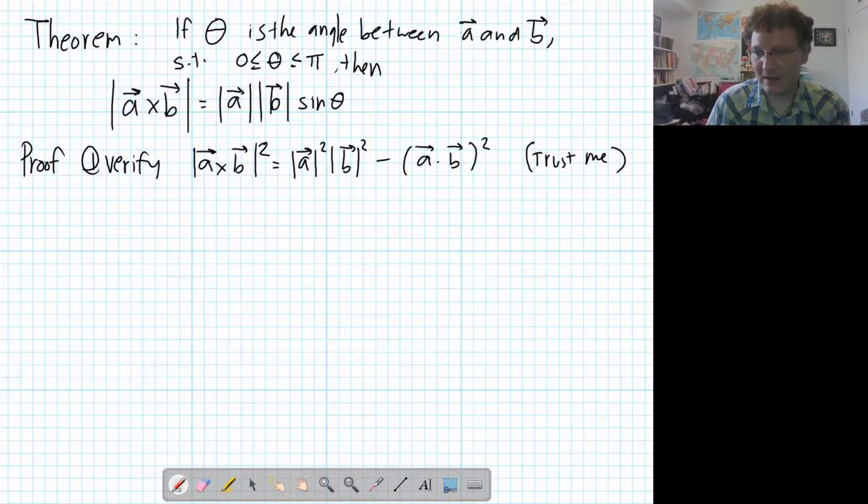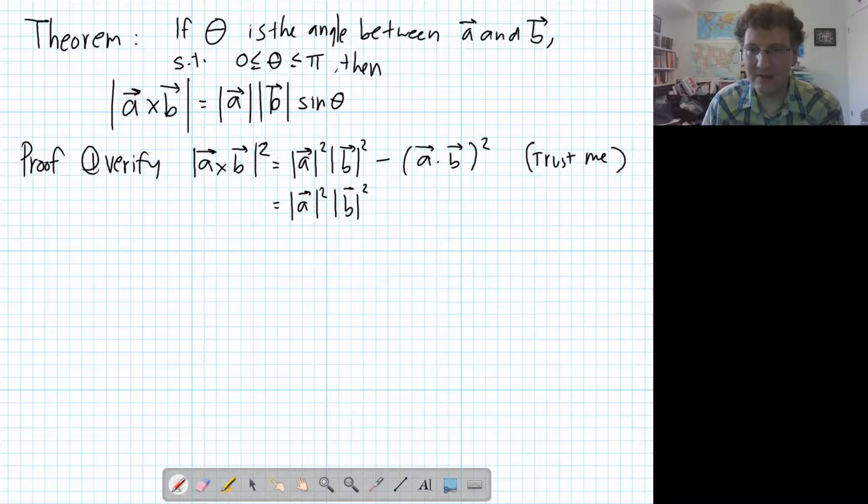And we can now use a substitution on the right hand side. What is the dot product? It's simply the magnitude of A times the magnitude of B times the cosine of the angle between them.